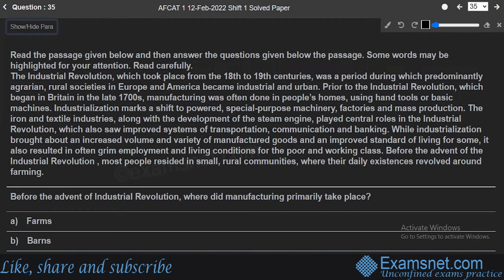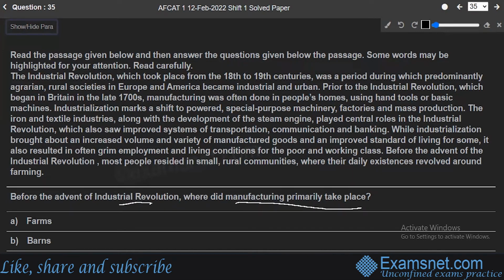While industrialization brought about an increased volume and variety of manufactured goods and an improved standard of living for some, it also resulted in often grim employment and living conditions for the poor and working class. Before the advent of the Industrial Revolution, most people resided in small rural communities where their daily existences revolved around farming.